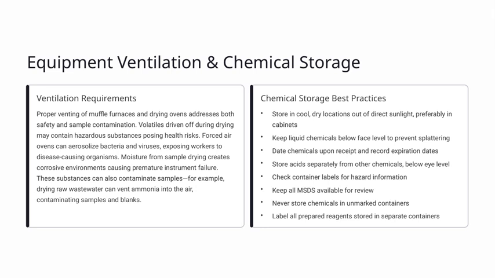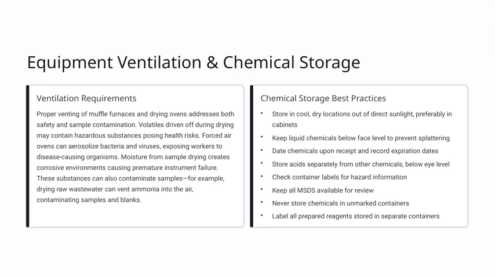Forced air ovens can also aerosolize bacteria and viruses, putting workers at risk of exposure. Additionally, moisture from drying can create corrosive environments that may cause instruments to fail prematurely. And if you're drying wastewater samples, venting ammonia into the air can contaminate your samples and blanks, which affects your results. Now, moving on to chemical storage best practices.